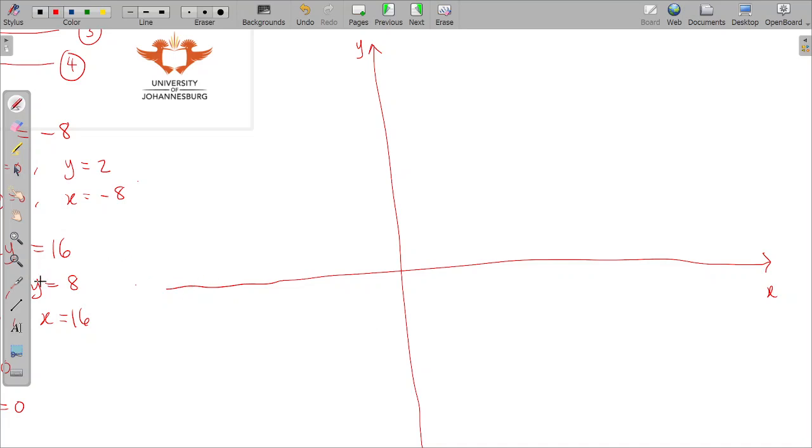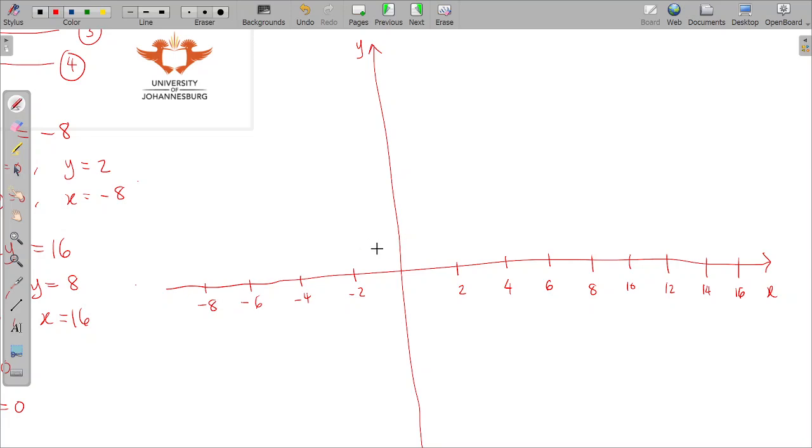Okay, this is x, this is y. This is 16, this is 8, so I can take 2, 4, 6, 8, 10, 12, 14, and then 16. This will be negative 2, negative 4, negative 6, negative 8.